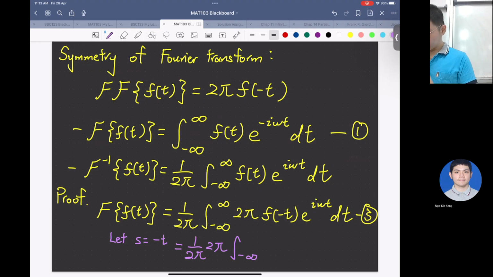And then you substitute minus t as x. When t is negative infinity, it becomes positive infinity. When it is infinity, it becomes negative infinity. And then f(x) e to the power i omega minus x. So what's dt here? You need to compute dx equals minus dt, so dt is minus dx. Right.